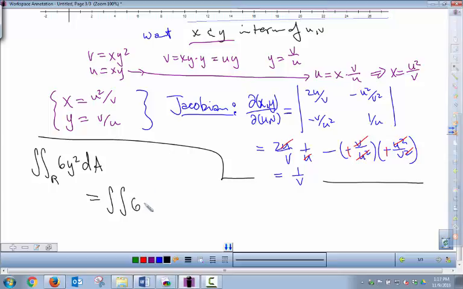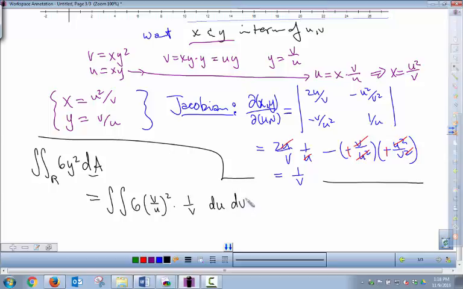Our y is equal to v over u, squared. And then that's it. There's no x's, so we don't have to replace the x. And our dA is going to become the Jacobian, 1 over v. And then now we do a du dv.